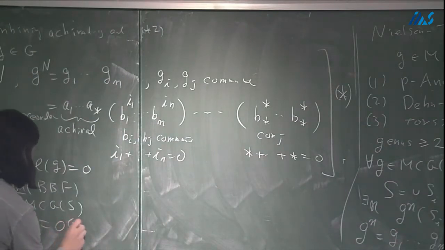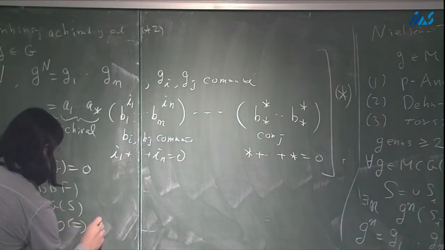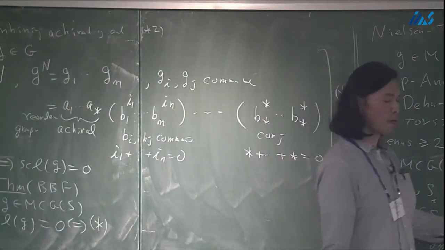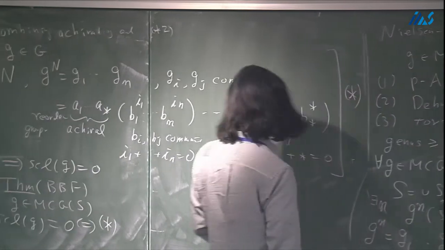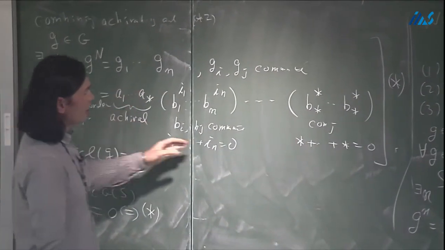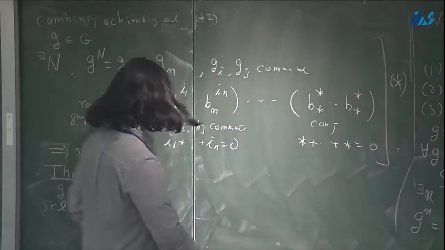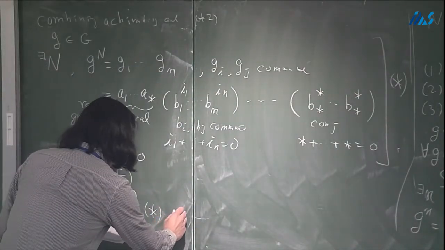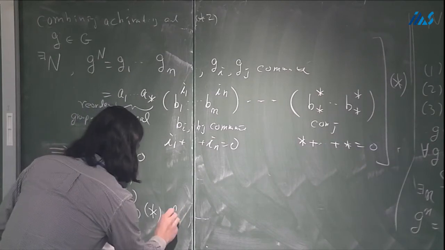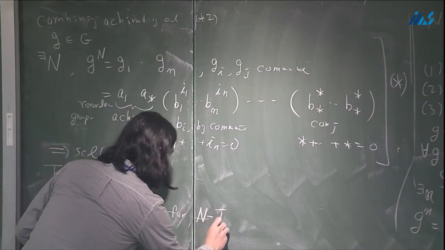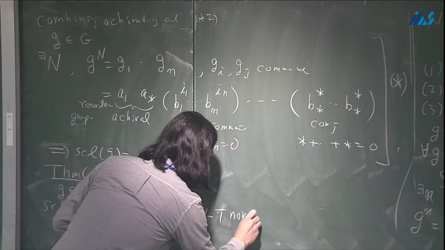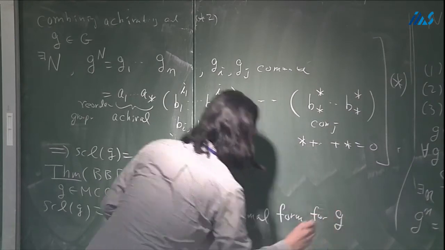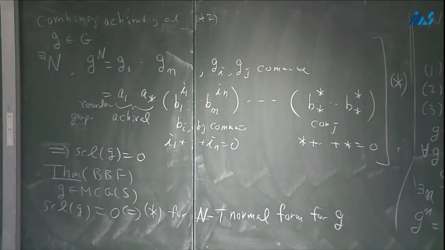Is 0 if and only if, for the Nielsen-Thurston class description of the element G, you do it, and if you have this condition, then that's exactly when stable commutator length vanishes. For Nielsen-Thurston, I will say normal form for G. Okay, so that's the main theorem.